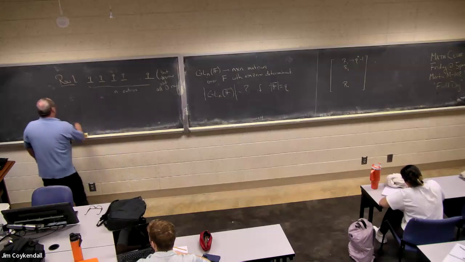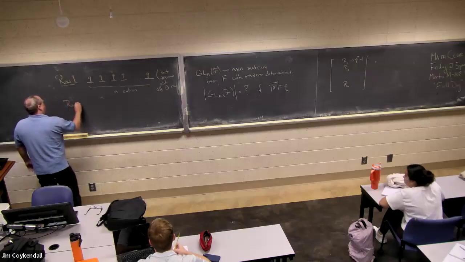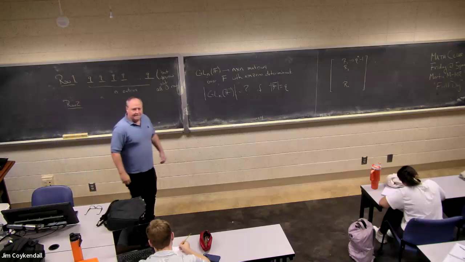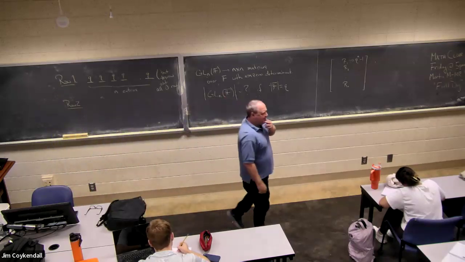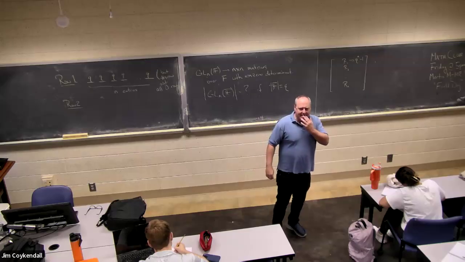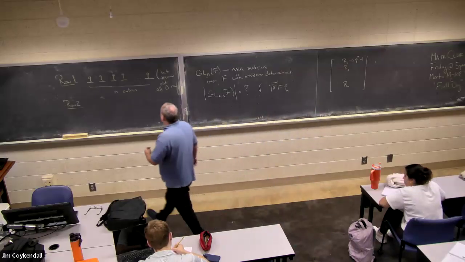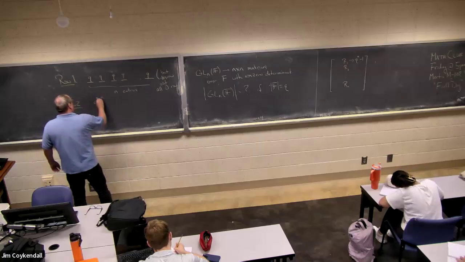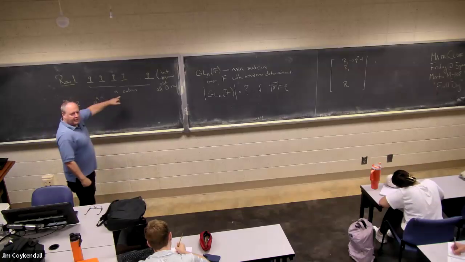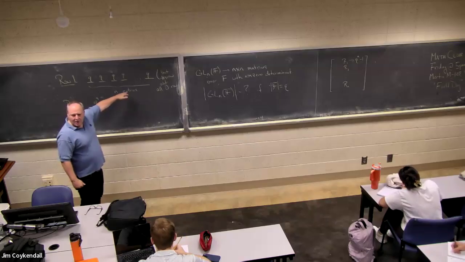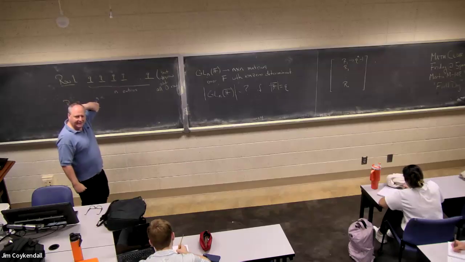How about row two? How many ways are there to build row two? Well, I'm tempted to say Q to the n again. But of course, I could make the zero row, and also now it's easier to make a zero determinant, right?